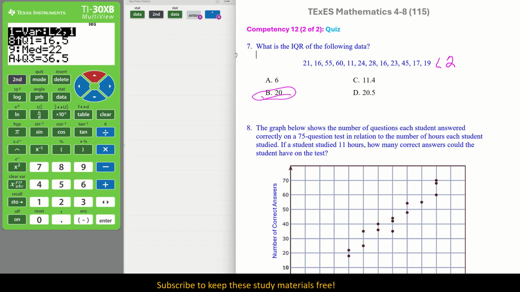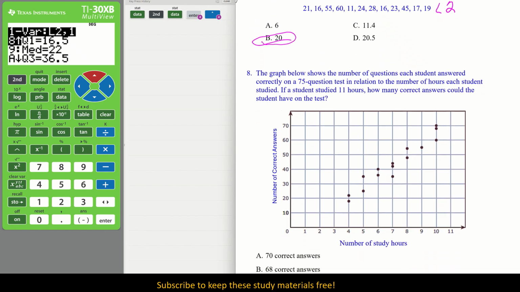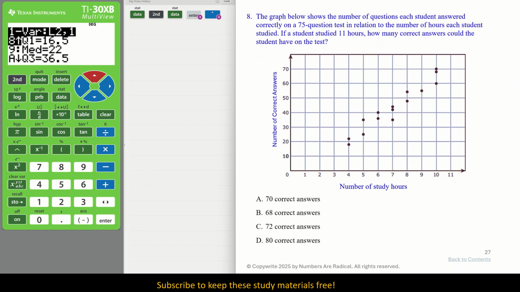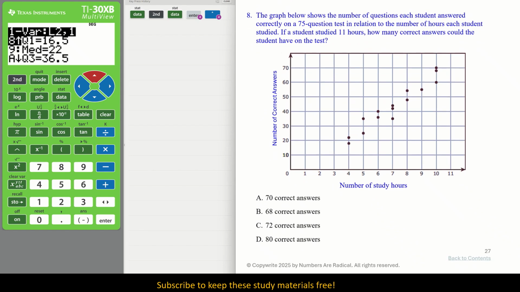Okay, let's look at number 8. Let's take this down a bit. Number 8, the graph below shows the number of questions each student answered correctly on a 75 question test in relation to the number of hours each student studied.